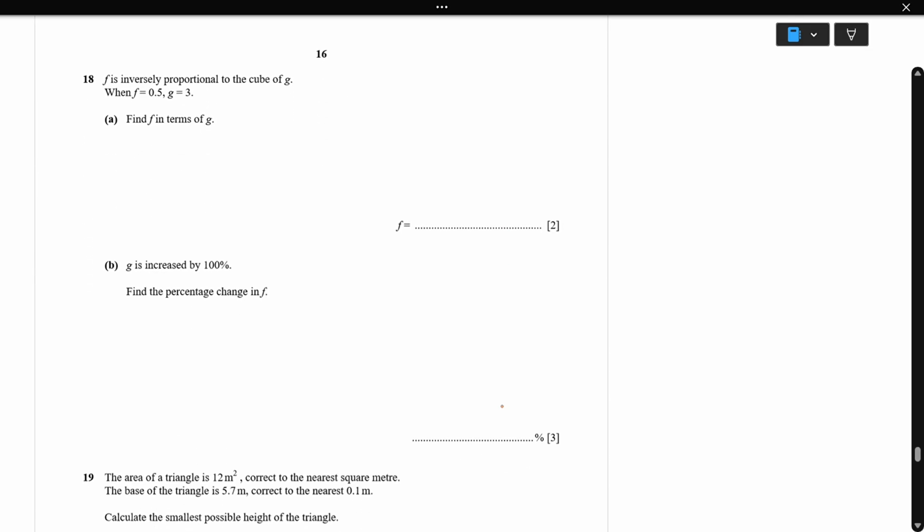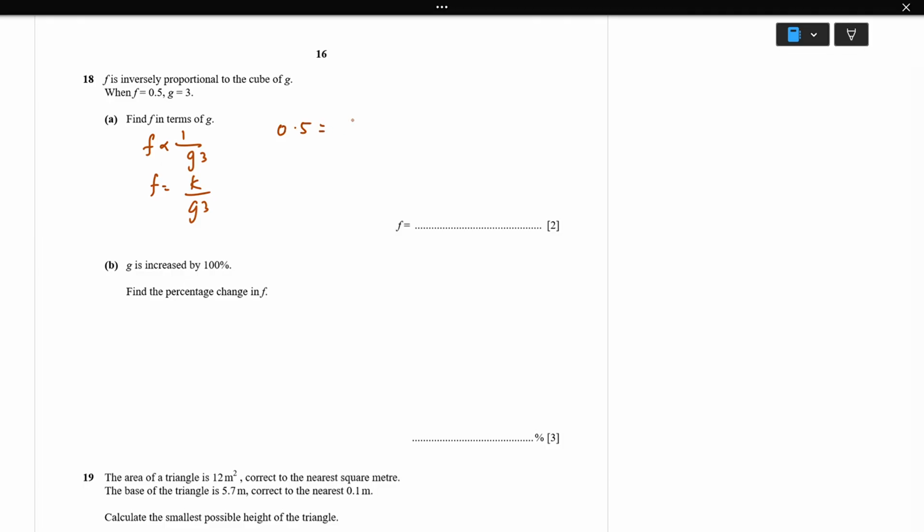Next, question 18. F is inversely proportional to the cube of G. So F equals K over G cubed. We put the value in: F equals 0.5, so 0.5 equals K over 3 cubed.